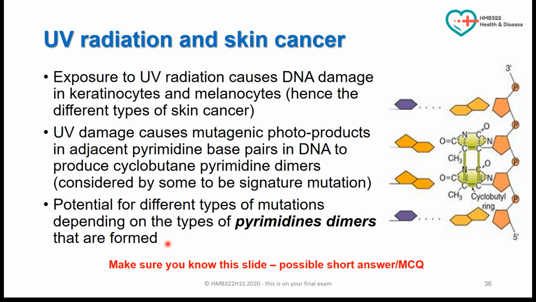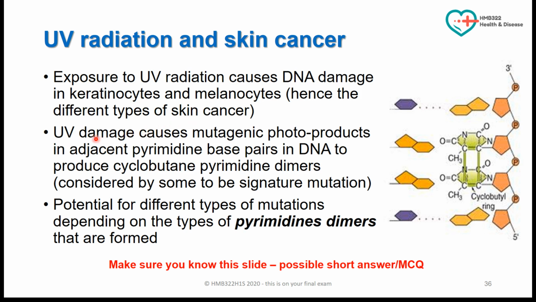So when we expose your skin to UV radiation, whether it's UVA or UVB, exposure to UV radiation does cause DNA damage, both in the keratinocytes as well as in the melanocytes. So this is where we get basal cell carcinomas after exposure to too much sun, or squamous cell carcinomas, so those are all keratinocyte derived, different layers, or we get melanomas because of the melanocytes starting to accumulate DNA damage.